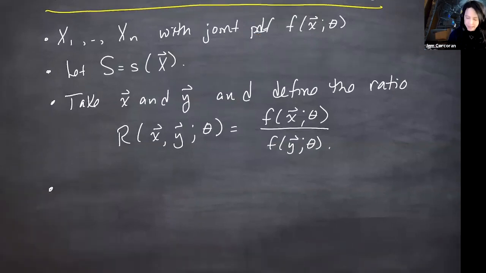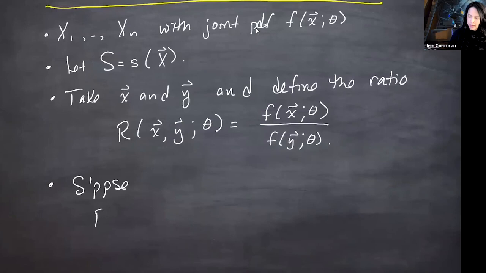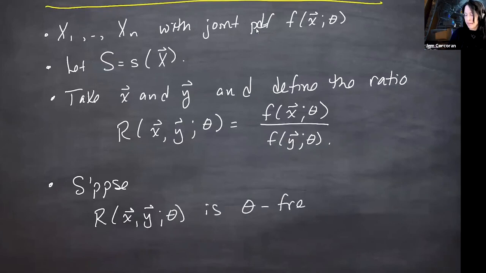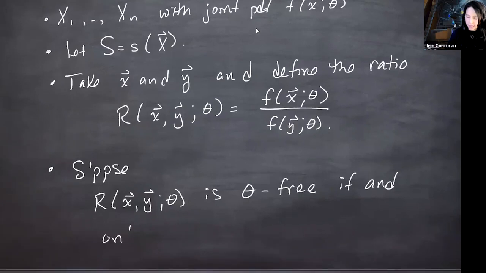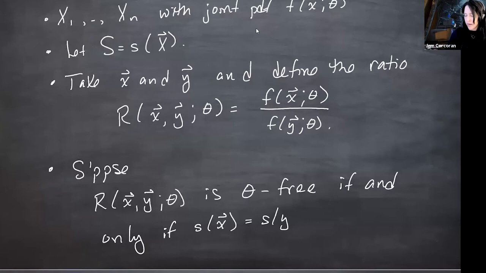Okay, and this is still part of the setup. So suppose this weird thing holds. Suppose that R of x and y and theta is theta free if and only if S of little x is equal to S of little y.